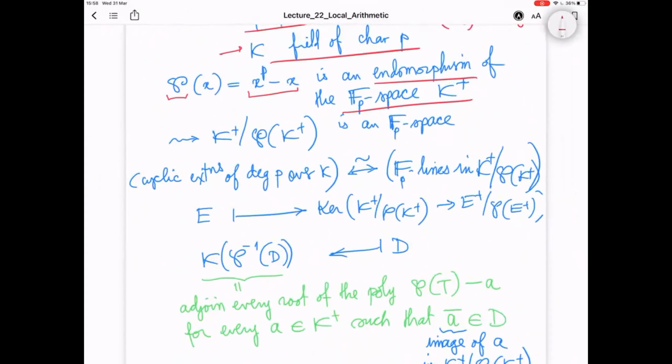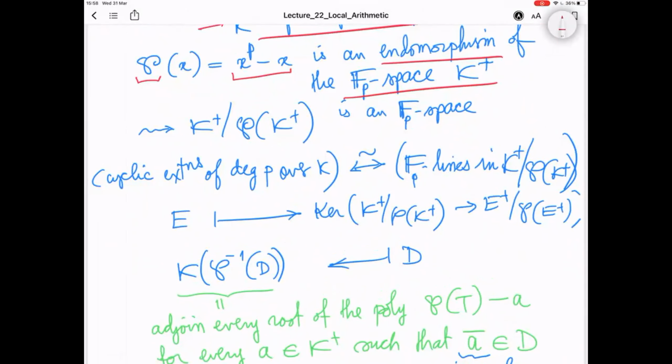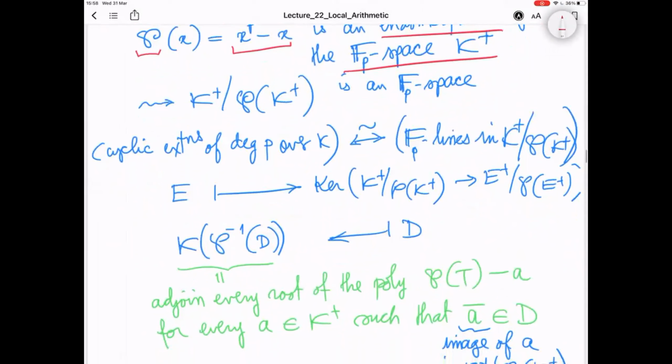So it's an endomorphism of the additive group. What this Kummer theory tells you is that cyclic extensions of degree P are parametrized by FP lines in this space K plus, which is the additive group of K, modulo P K plus, which is the image of the endomorphism P, right?